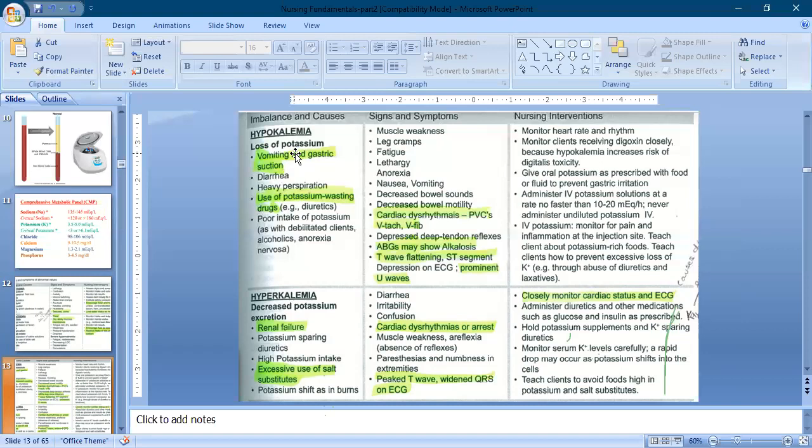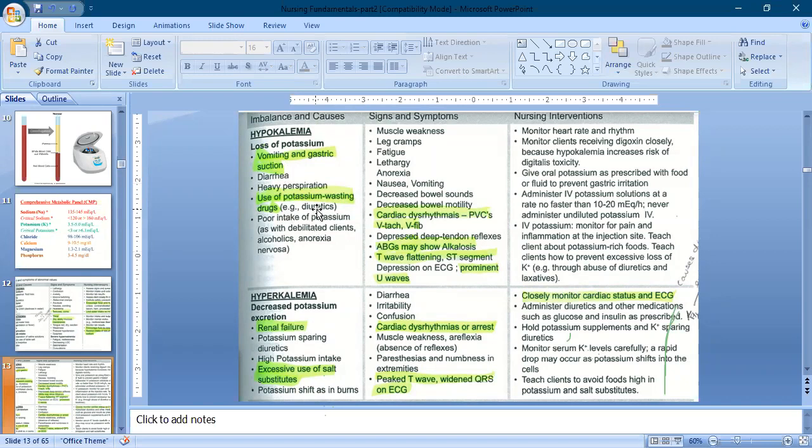Metabolic alkalosis develops hypokalemia, vomiting, gastric suction, diarrhea, right? Use of potassium-wasting drugs like diuretics or poor intake of potassium, all of them lead to hypokalemia.